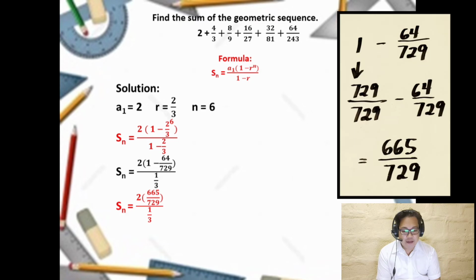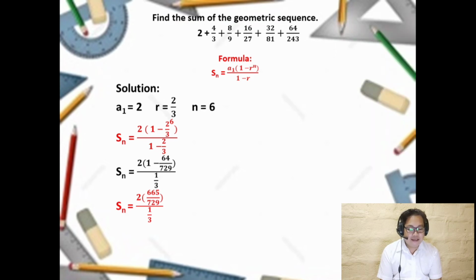Yung 1 minus 64 over 729, i-rename natin yung 1 na 729 over 729 para similar fractions na din sila. So, we have 729 minus 64 is 665. So, 2 times 665 over 729 over 1/3.